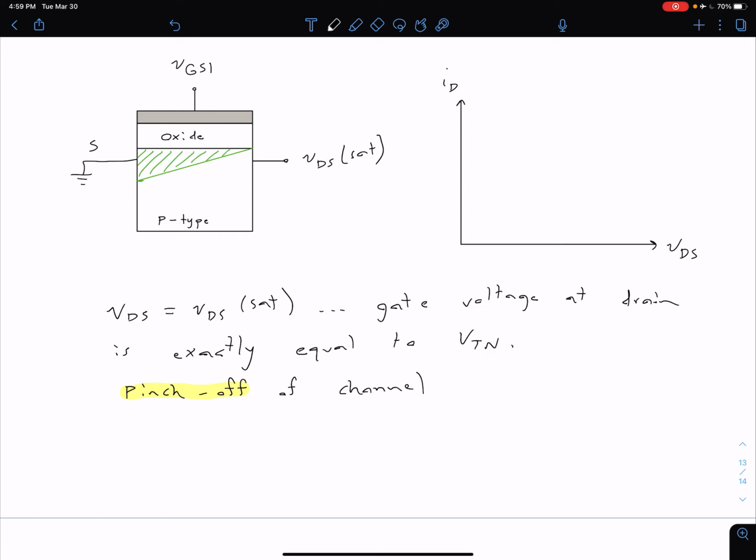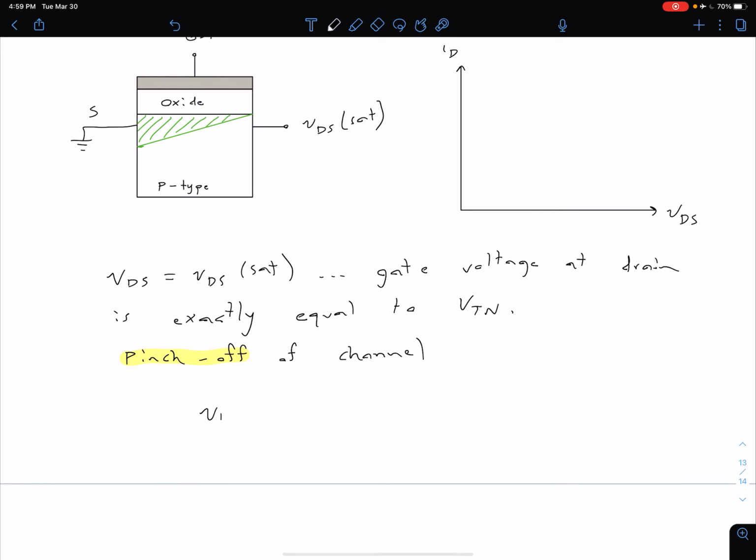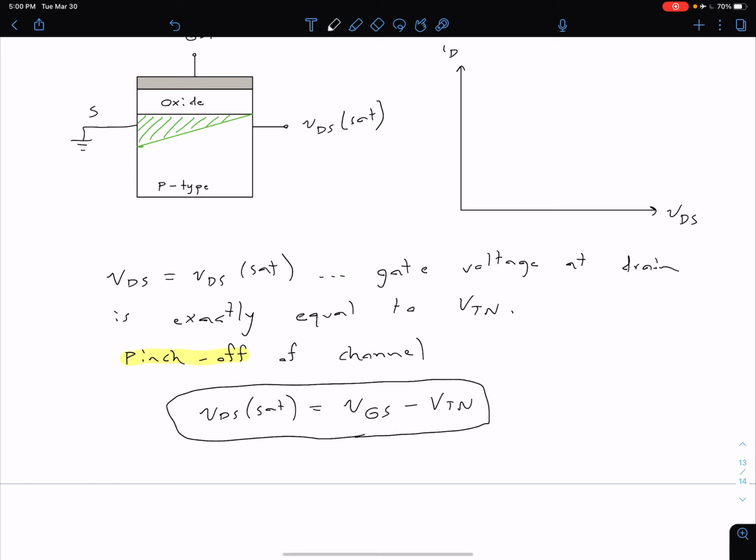An important equation then is that VDS sat for a given device is equal to our gate to source voltage minus the threshold voltage for the device. That's an equation we'll use a fair amount. It comes from the fact, as I've written up here in words, that at this point VGS minus VDS sat is exactly equal to our threshold voltage VTN.